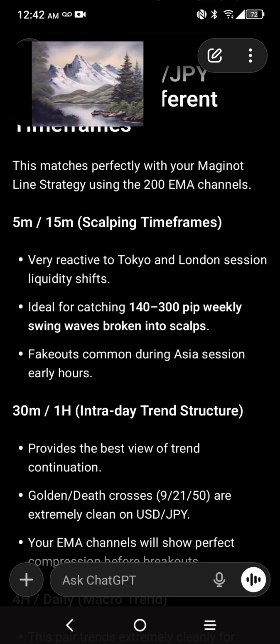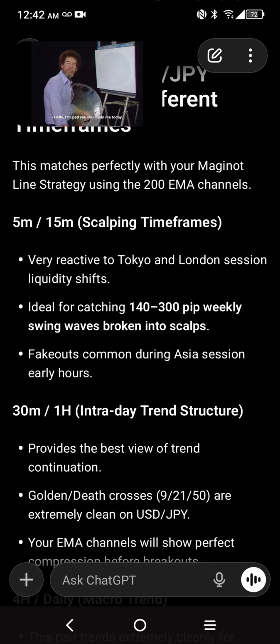So it could be a day, not just a week. So think about the potential profits that are available to you trading this. And like I said in my other video, I love this pair because this pair gives you so many money making opportunities. So many. It's just a stable pair to trade.